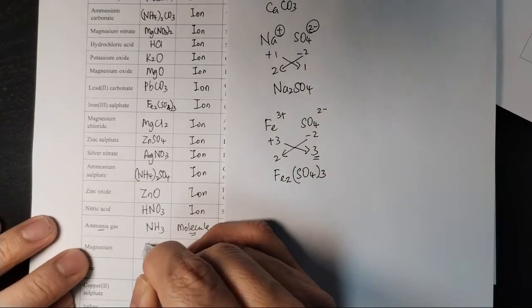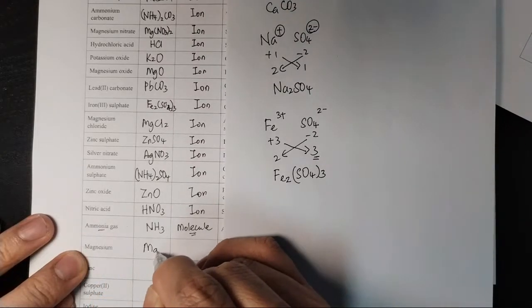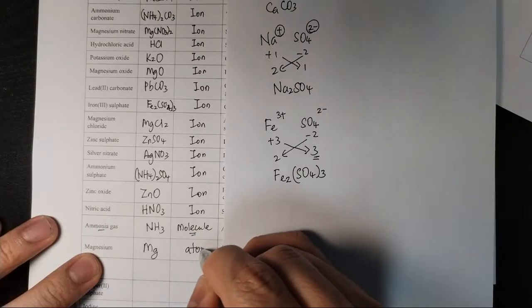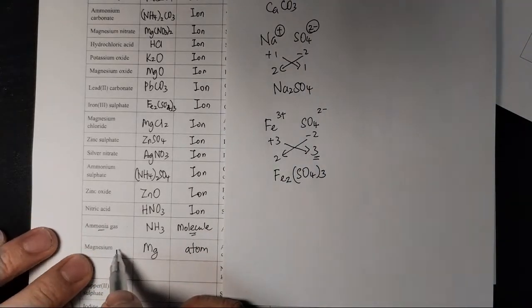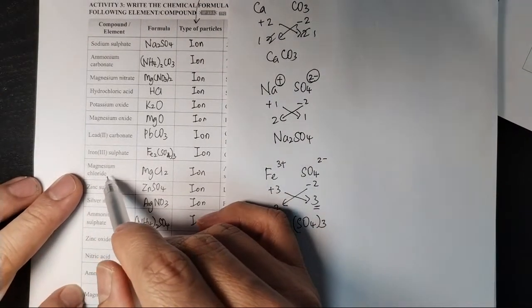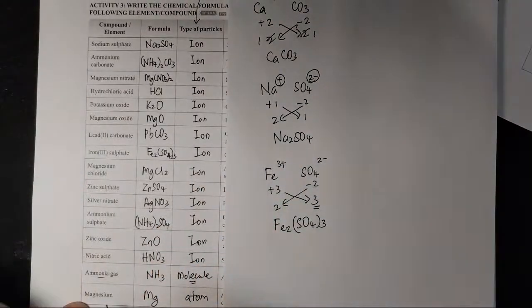Now magnesium, you see, it's Mg. No charge, it is an atom actually. So it's the atom, not ions. If ions, you will see something like magnesium chloride, one positive, one negative ion. But magnesium itself is a metal atom.